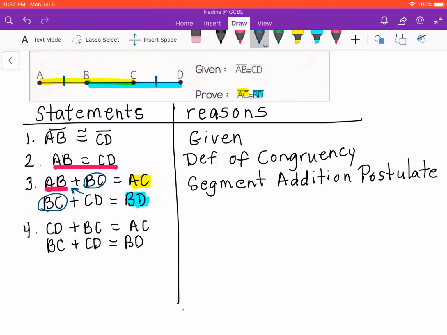Now we have CD plus BC, and we have BC plus CD. Remember, the order does not matter. So because these are equal to the same thing, let me back up.